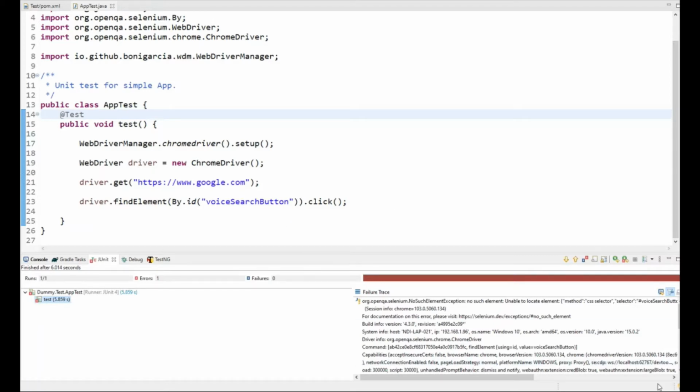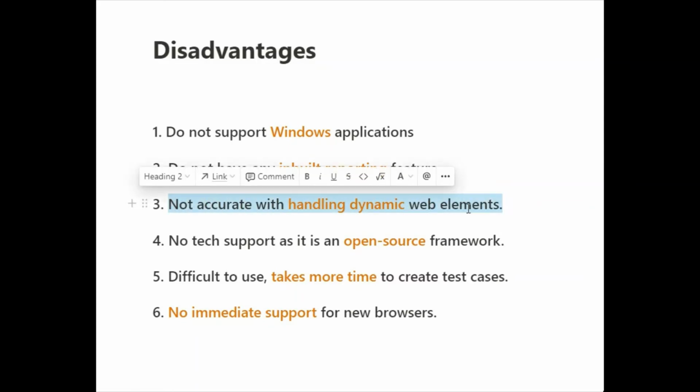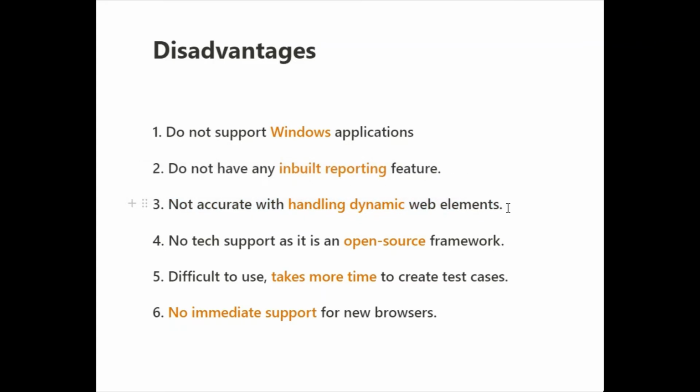Let's go to the third point: it is not accurate in handling dynamic web elements. If you are already working with Selenium, you are aware that we get so many wait-related issues every day in Selenium scripts, where test cases fail due to false failures, or what we call flaky failures. That is due to wait issues, or because Selenium is not able to handle dynamic elements.